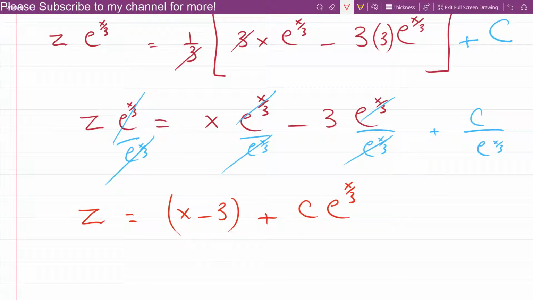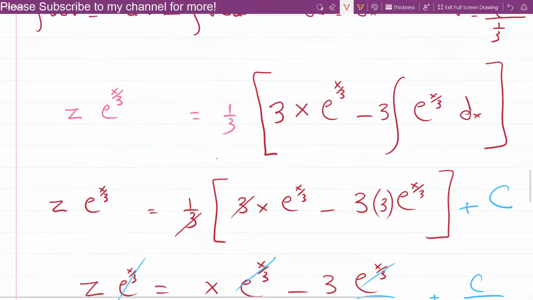So we're almost there. I know from the substitution I invoked at the very beginning that z is y to the 1/3, so y to the 1/3 equals this, because z is equal to y to the 1/3.